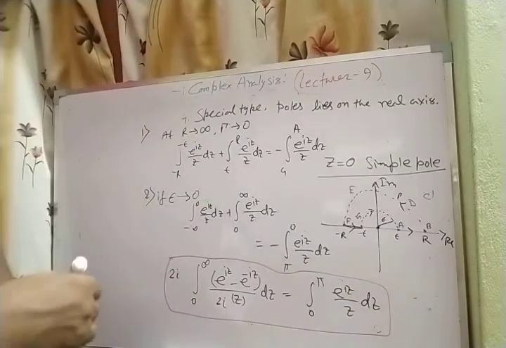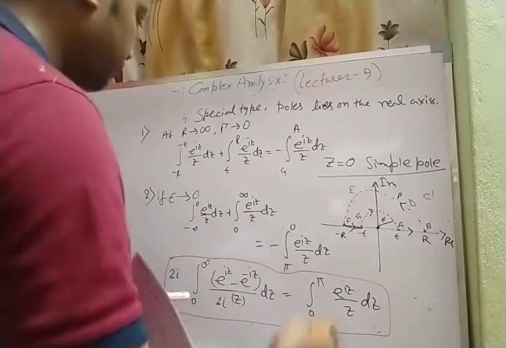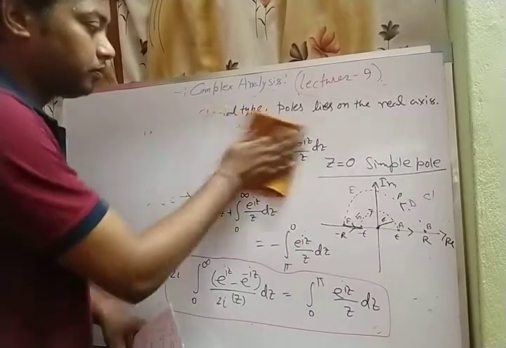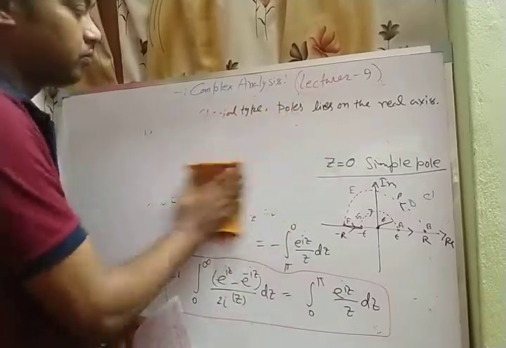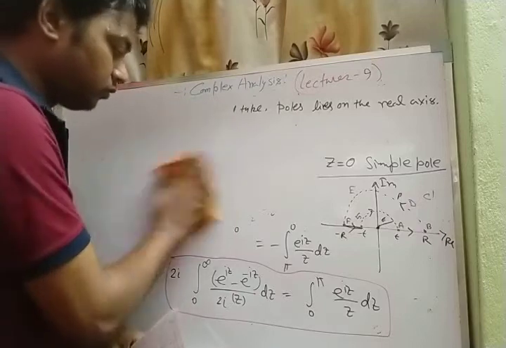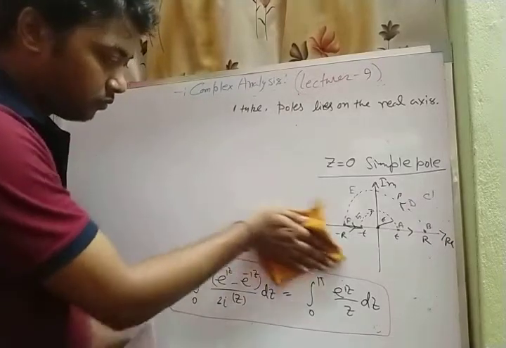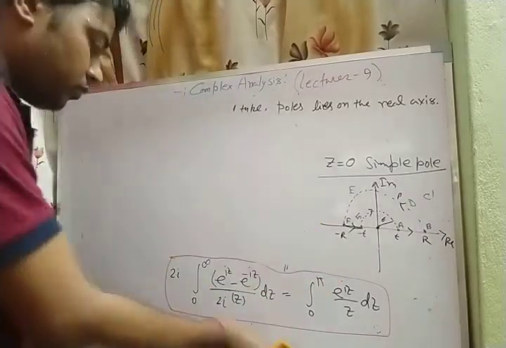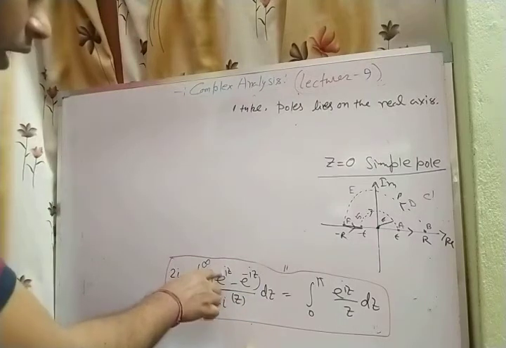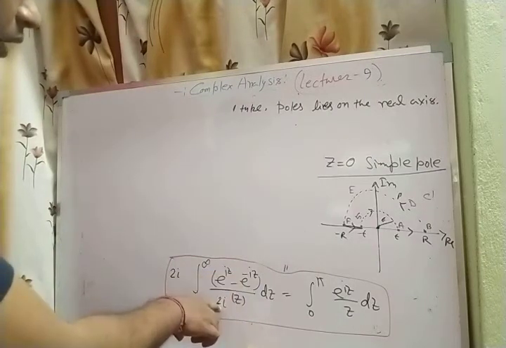Now this gives e to the power iz minus e to the power minus iz by 2i.